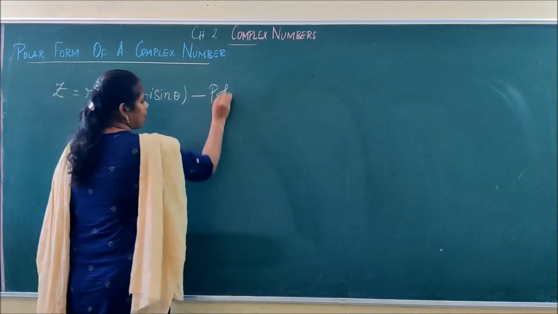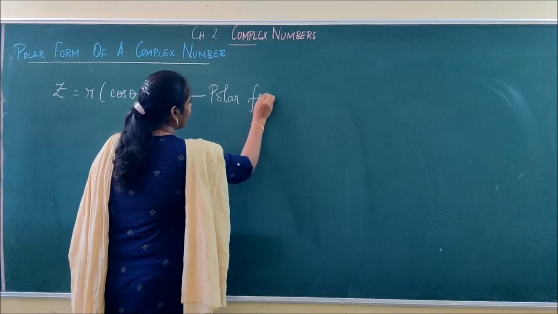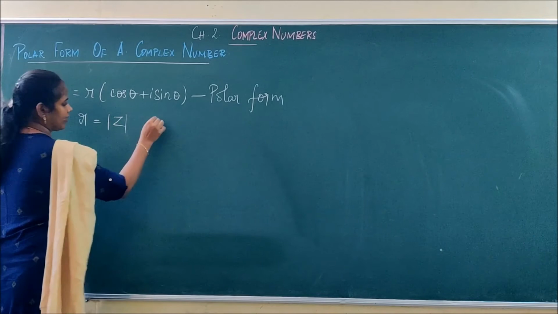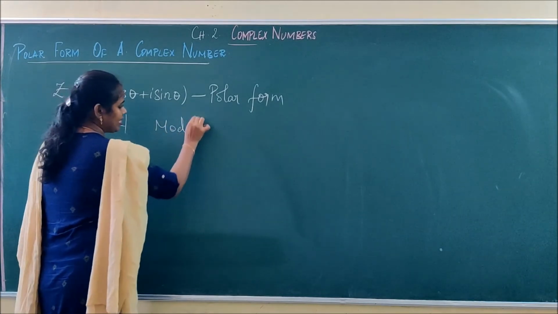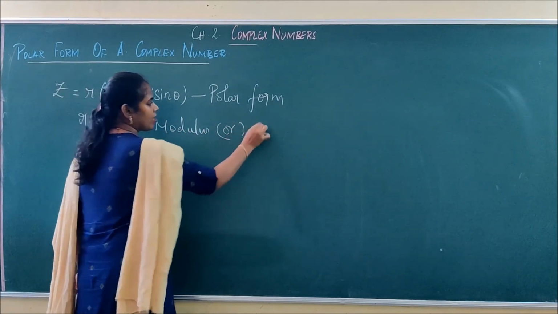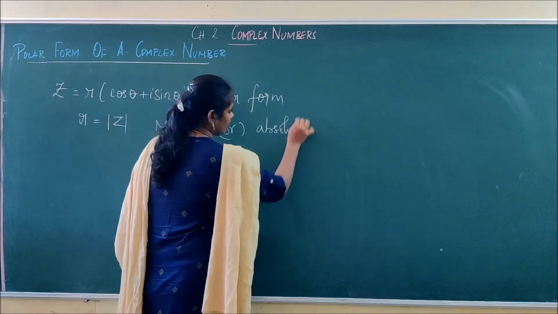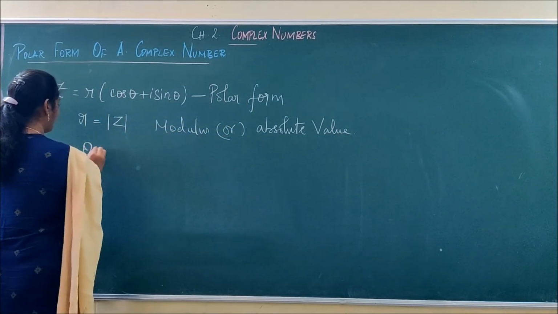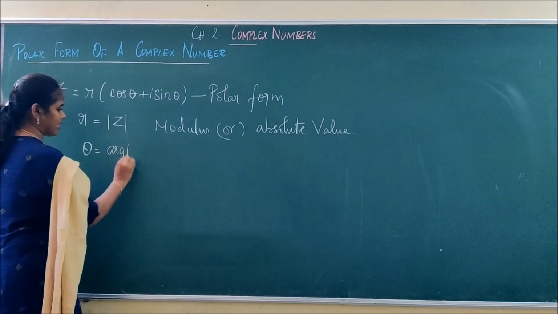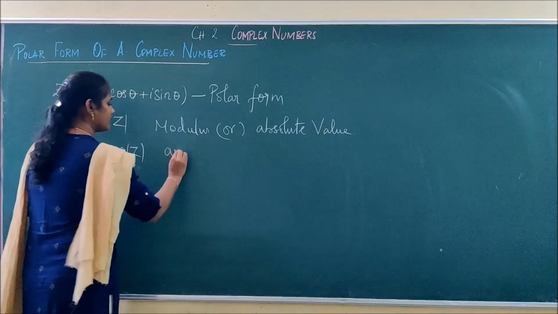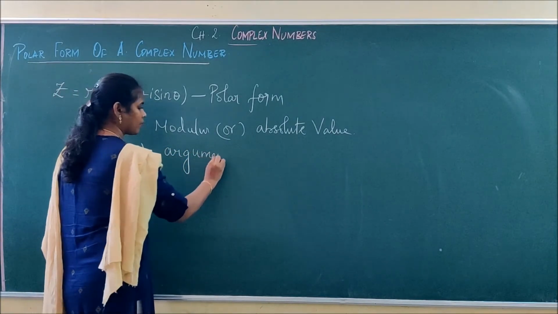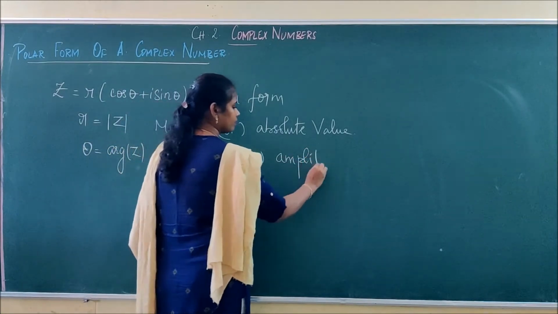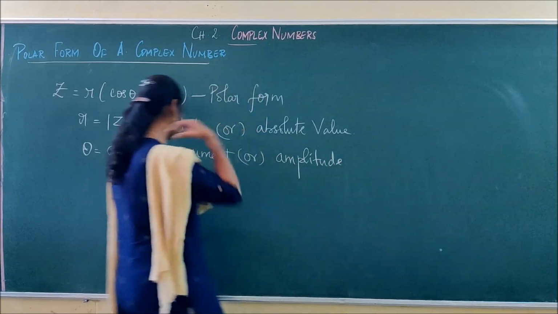Here r is nothing but the modulus of z, that is, modulus or absolute value, where theta is nothing but the argument or amplitude of z, right?